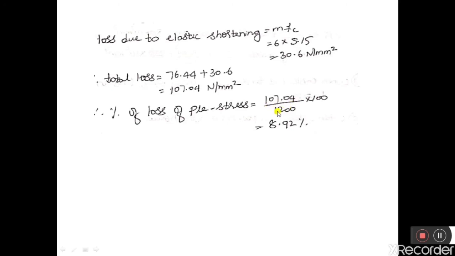So the initial prestress is 1200, and the total loss of prestress is 107.04 from both the cables, into 100. So percentage loss of prestress is equal to 8.92%. So the losses are within permissible limits, hence the member can be satisfactorily used.